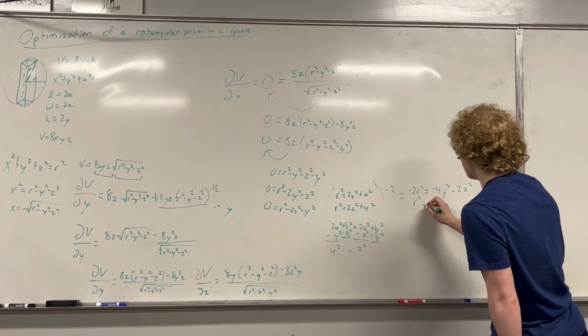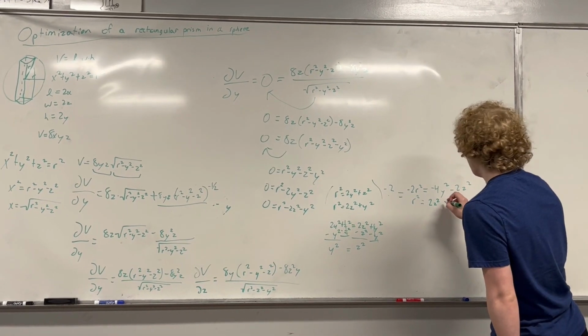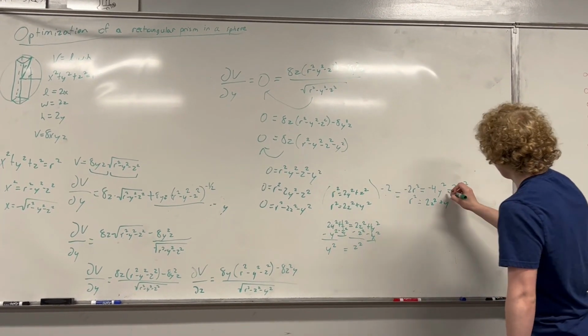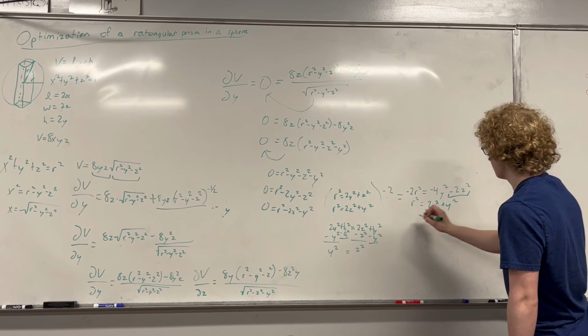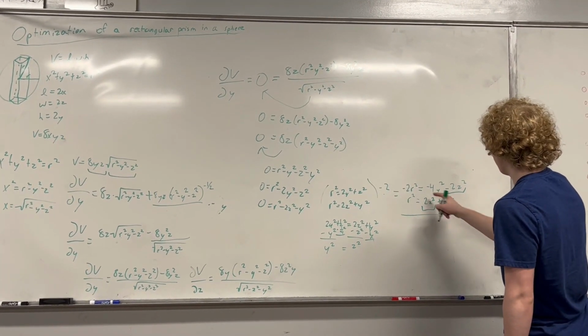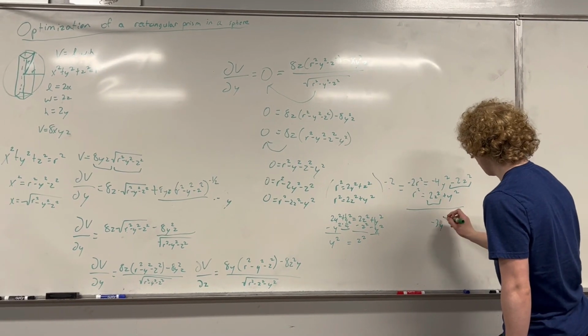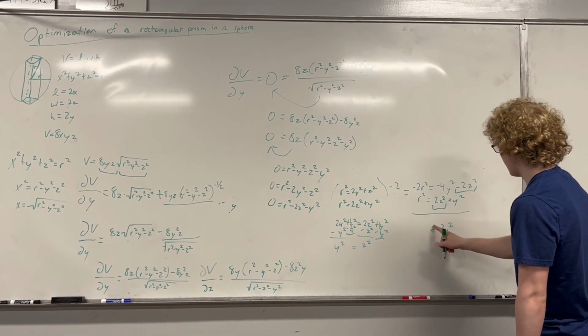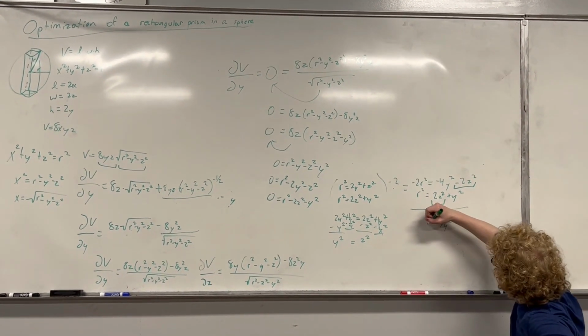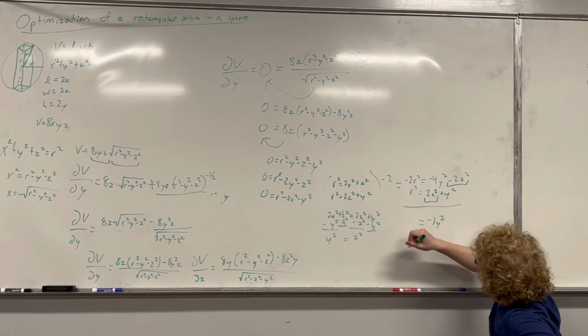R squared is equivalent to 2z squared plus y squared. These factors, when added together, will cancel out. So now we have -3y squared is equivalent to -r squared.